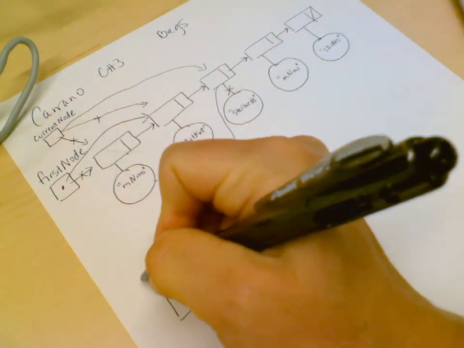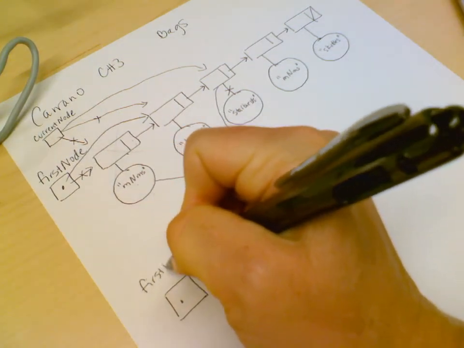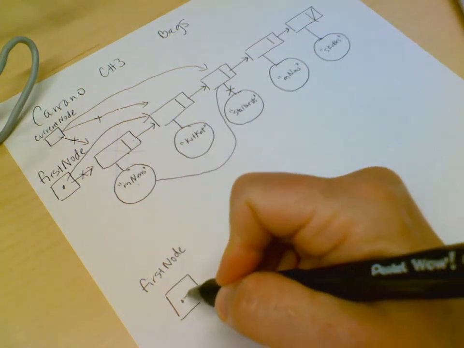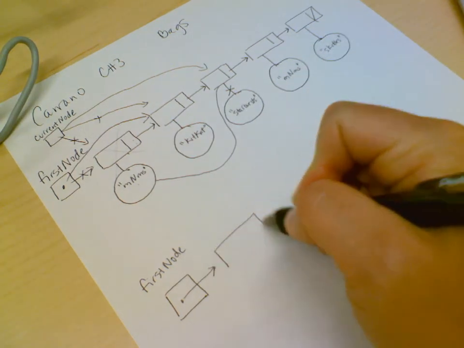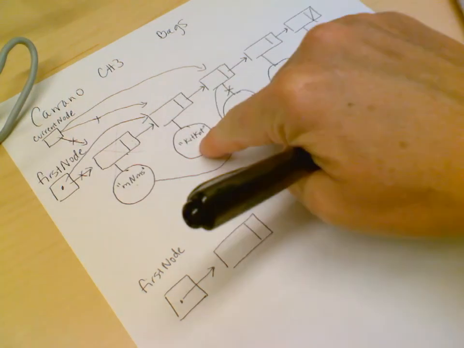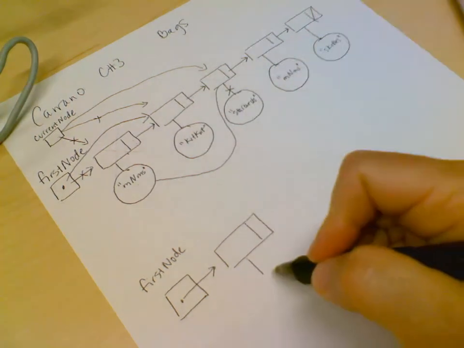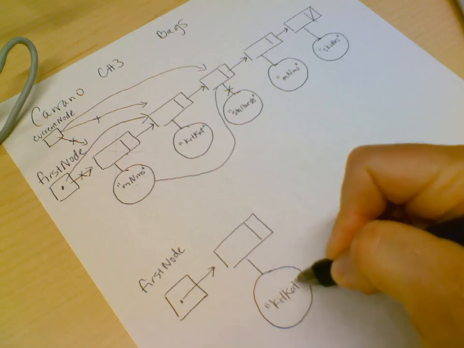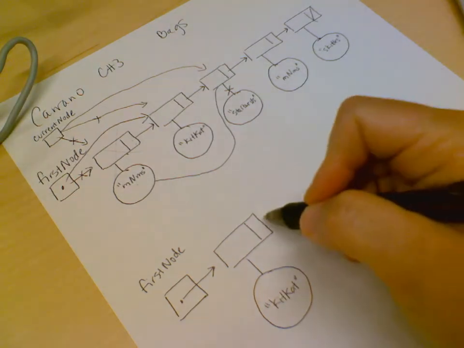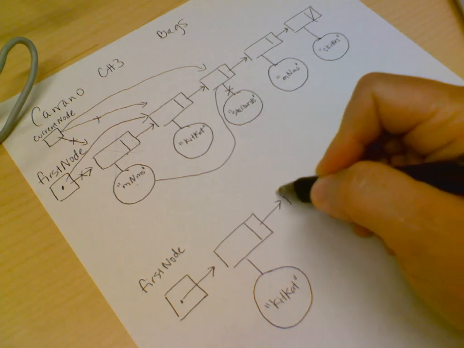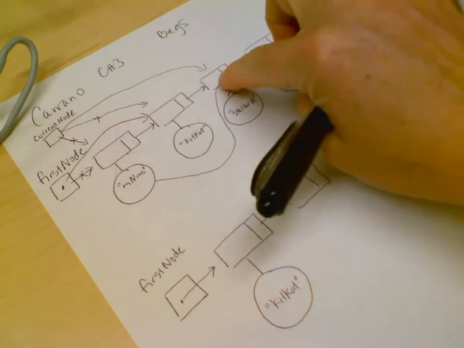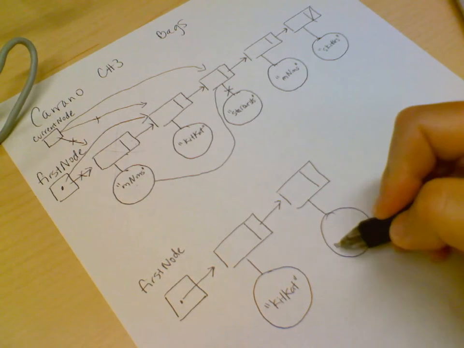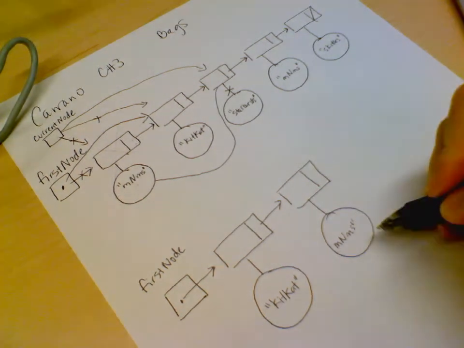here's what this list looks like without all of the references crossed out and whatnot. First node is now going to reference this node that had KitKat. And after KitKat is going to be this node here, but it now references M&Ms.